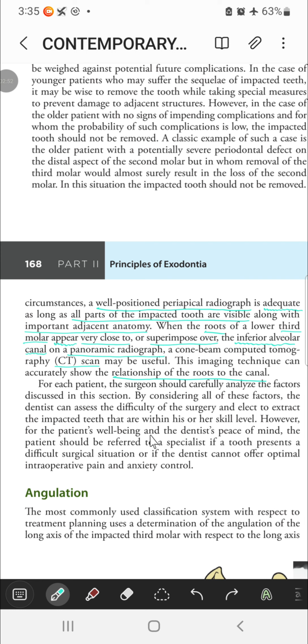However, for the patient's well-being and the dentist's peace of mind, the patient should be referred to a specialist if a tooth presents a difficult surgical situation or if the dentist cannot offer optimal intraoperative pain and anxiety control.